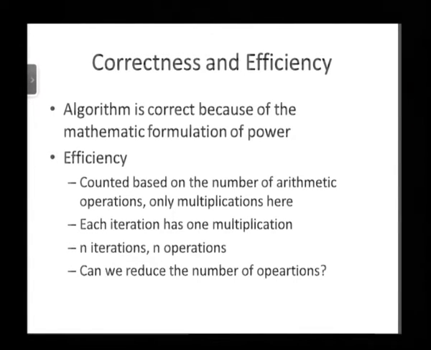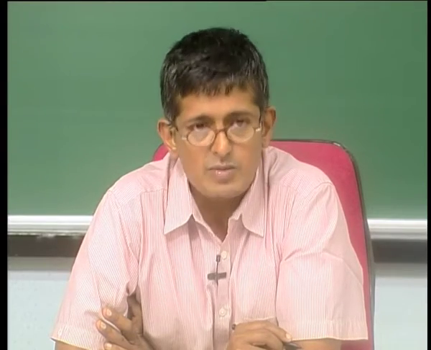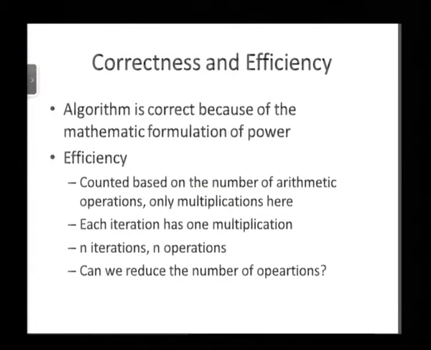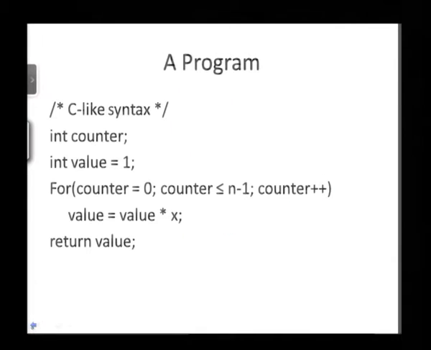As far as efficiency goes, we measure efficiency as the number of arithmetic operations which are performed, and in this case there are only multiplications, and it is quite easy to see that every iteration there is a single multiplication that is performed. Therefore, for n iterations there are n operations. Right. So, let us just go back to our program. You look at this, there are n iterations, every iteration has an iteration number which is captured by counter.